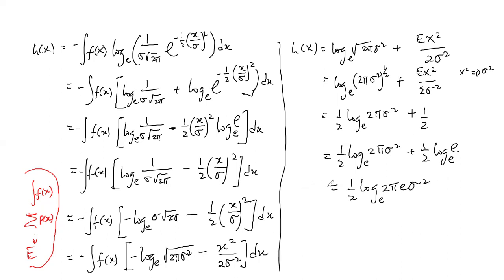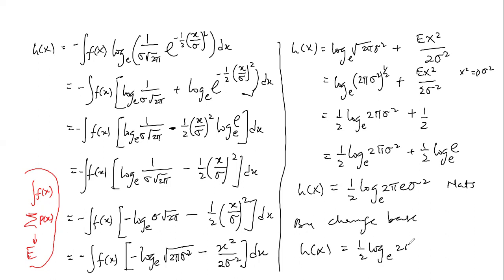Okay, so this becomes the differential entropy in nats. And once we perform a change of base, we should be able to have something similar in bits. That is, h of x will be the same as 1 over 2 log to base 2 of 2 pi e sigma squared bits.